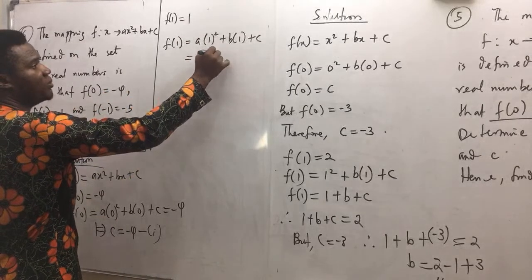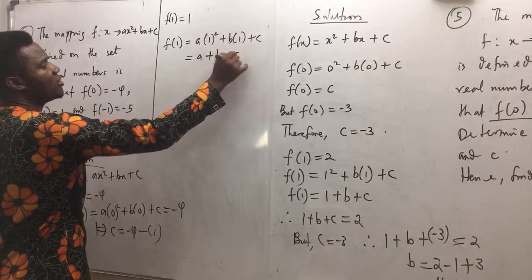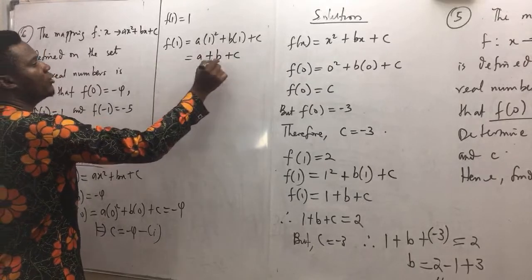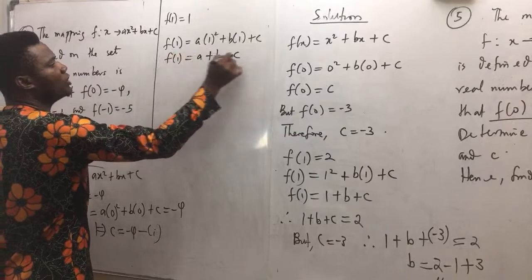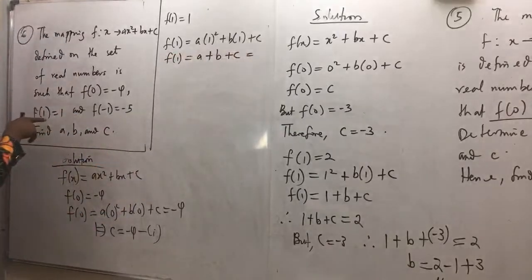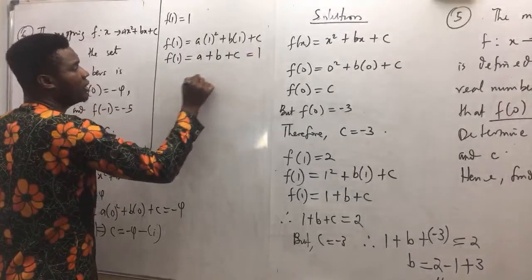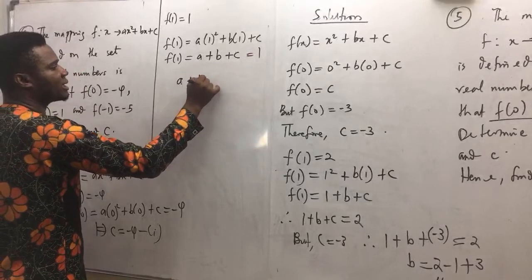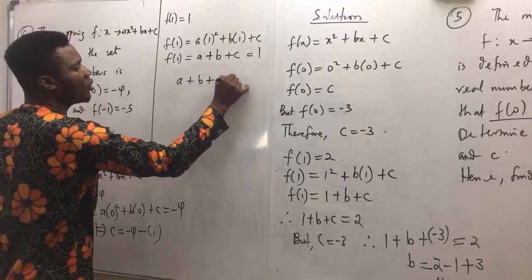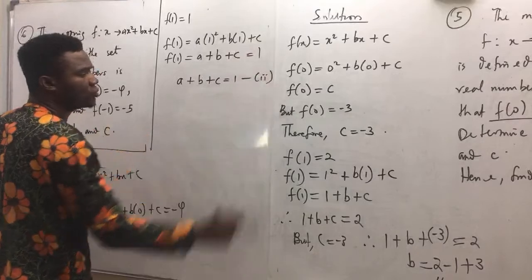B times 1 is b, and you have c. Since f of 1 is equal to 1, we have established a new equation: a plus b plus c is equal to 1. I'm going to call this equation 2.